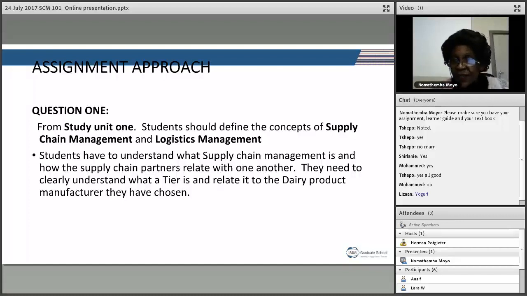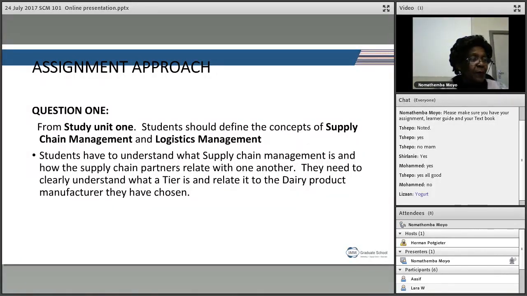Where is it going? You should be clear, but this requires that you read a lot. Much as you are restricted to 3 unit standards, they are just for guide. Please go out of your way and research. You are university students. Go out, research, and get the information. Then you will understand this.